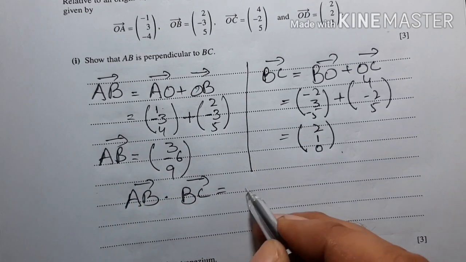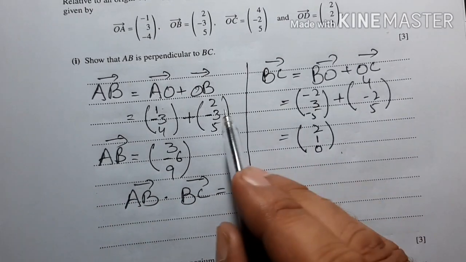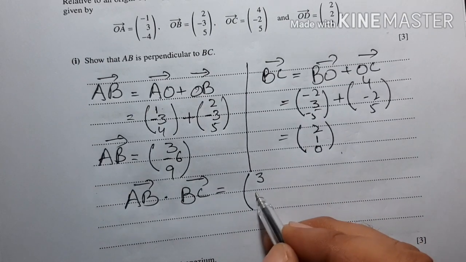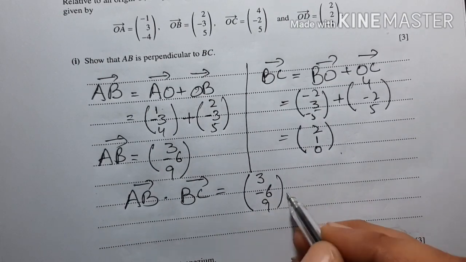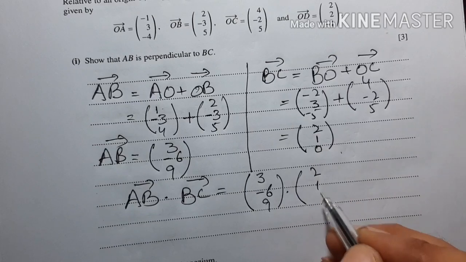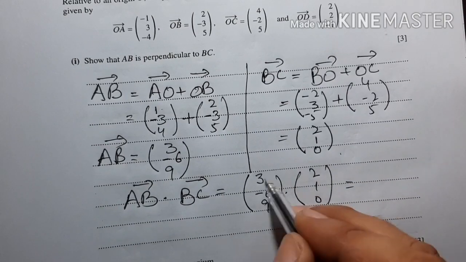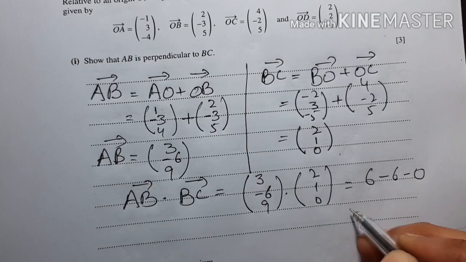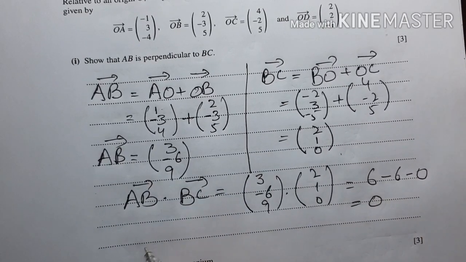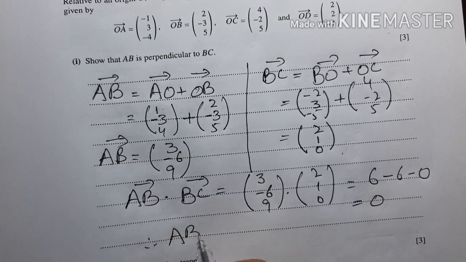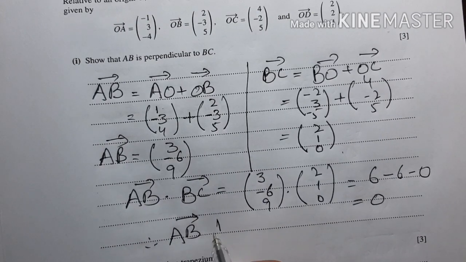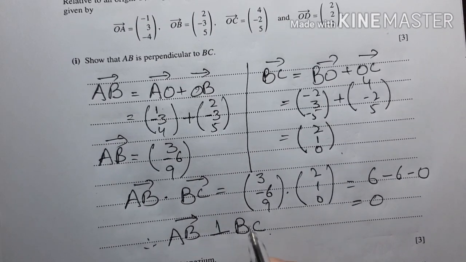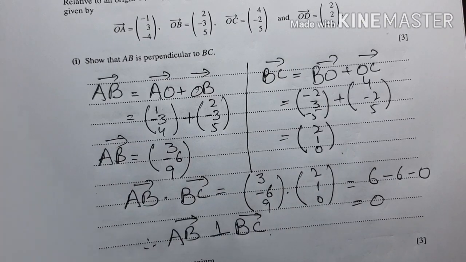So 3 minus 6, 9, 2, 1, 0, which is 6 minus 6 minus 0, which is 0. Therefore AB is perpendicular to BC. This is proved.